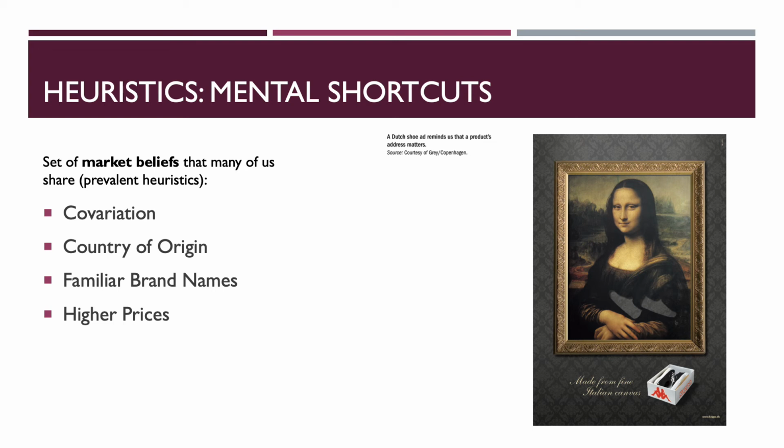For example, consumers think of Switzerland for precision in watches, Italy for leather goods, and France for wine. As you see in the example, there is a shoe company. A Dutch shoe advertisement reminds us that a product's address matters because the slogan on the advertisement is made from fine Italian canvas.